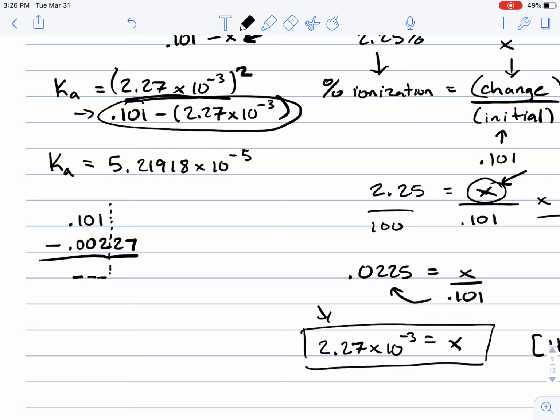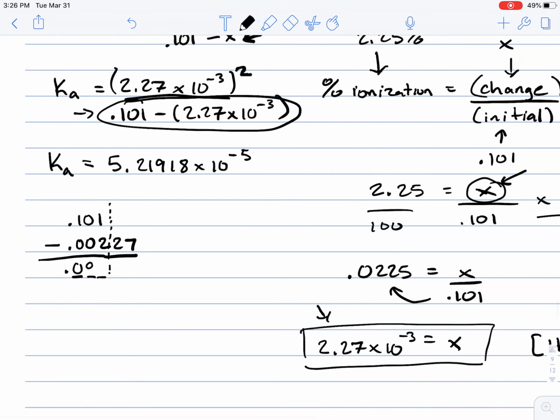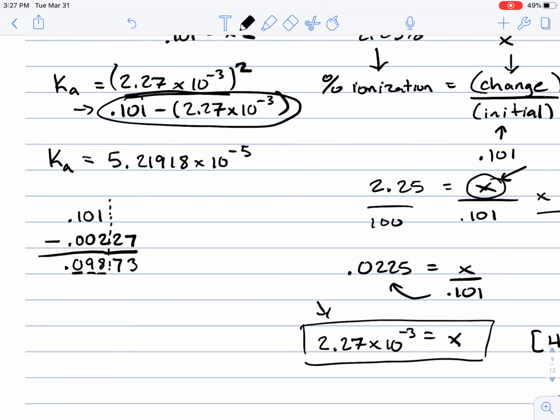So 0.101 minus 0.00227. That's going to give us 0.09873. So 1, 2, yeah, that's negative 2. So it looks like if we take the difference, it's going to be 0.099.